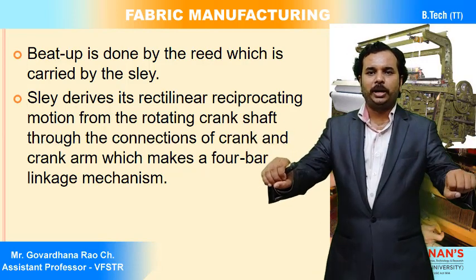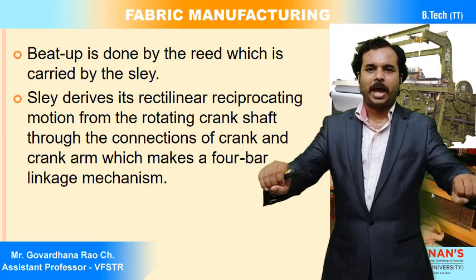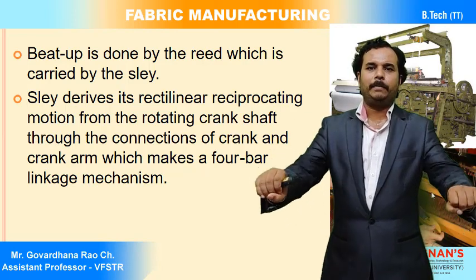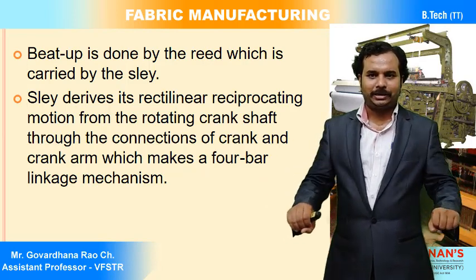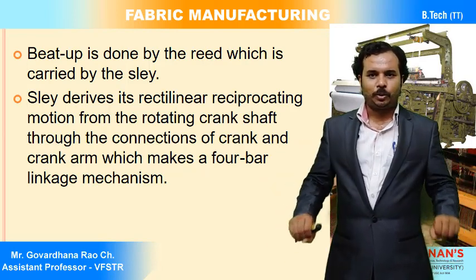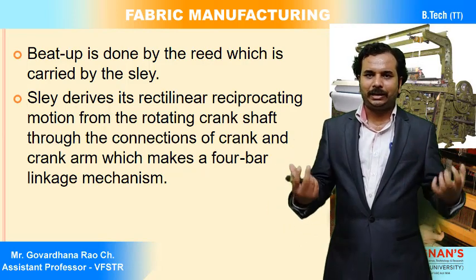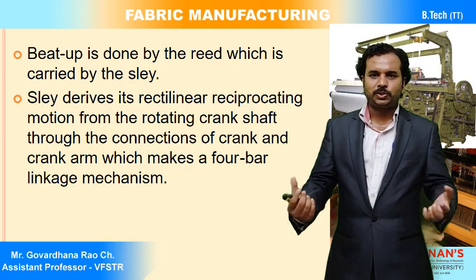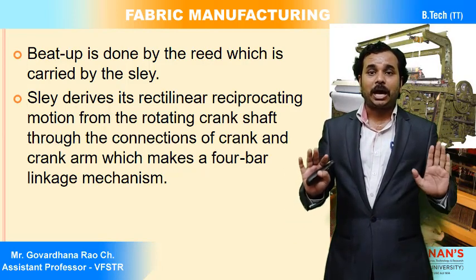So the slay sword movement is forward and backward. The cranks are going to move like this. Once it is moving like this, there is a connecting arm which is connected to the slay sword. So the slay sword movement is going to have simple harmonic motion.